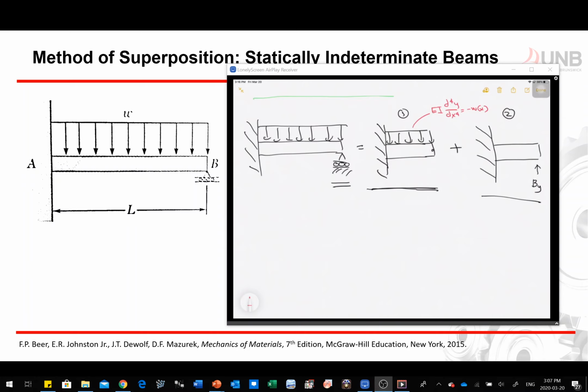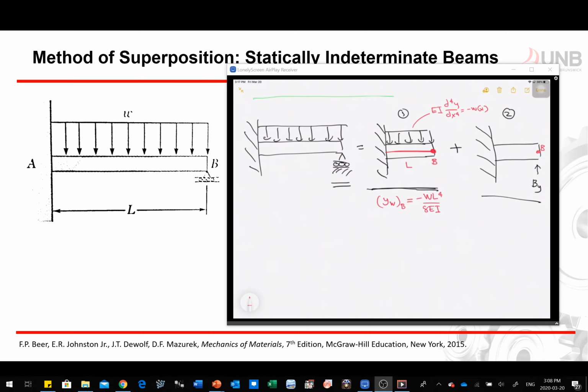Once we get the equation of the elastic curve, we have an equation as a function of x, and the length of our beam we can define as L. Now, if we get the deflection at point B, we are going to get y caused by distributed load at point B equal to negative wL^4 over 8EI.